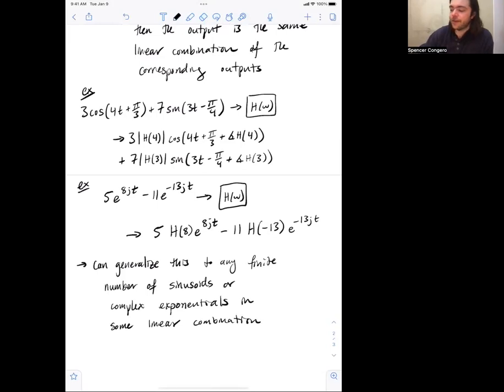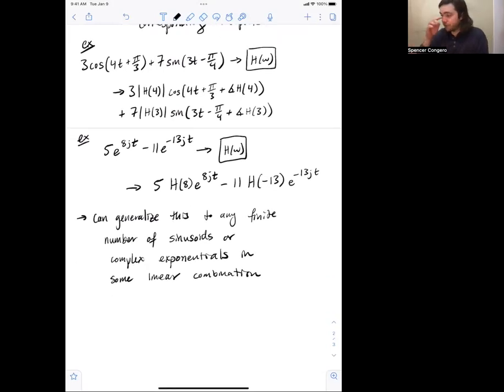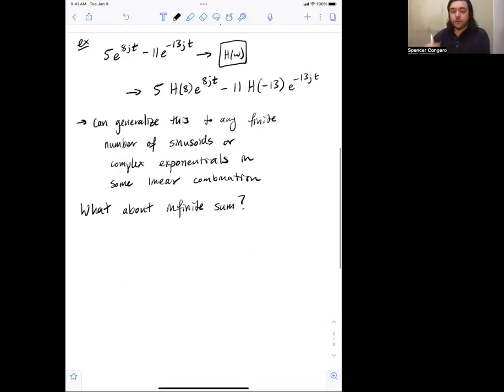As long as I have finitely many, we can just use this process over and over. But a big question is, what about infinite sums? That is where Fourier series are going to come into the picture. What about infinite sums of those sinusoids or complex exponentials?